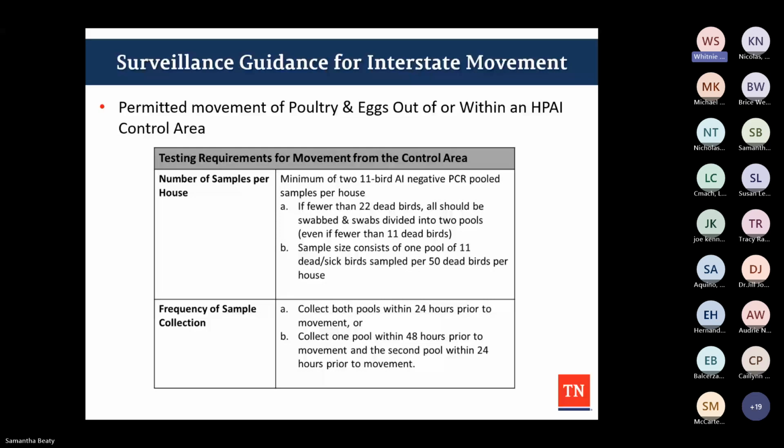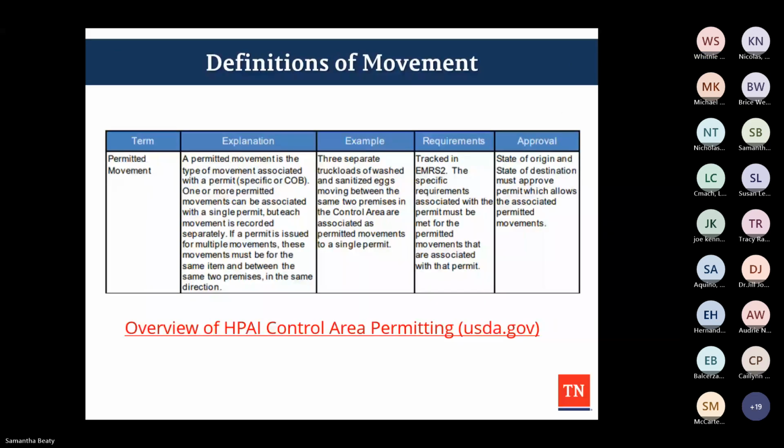So that's just something to think about when you're doing a permit request. How much time is it going to take? How much sampling are you going to have to do? Because it might need to be a very detailed schedule to make sure we're following all of the testing requirements. Next slide.